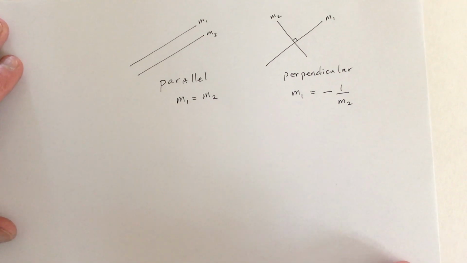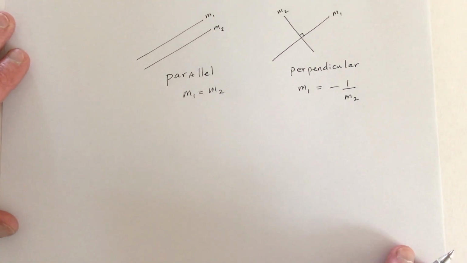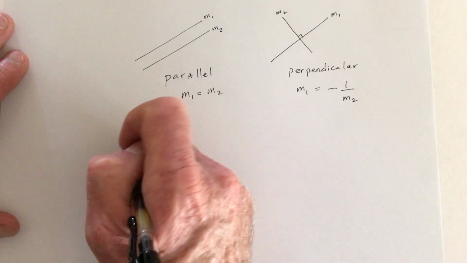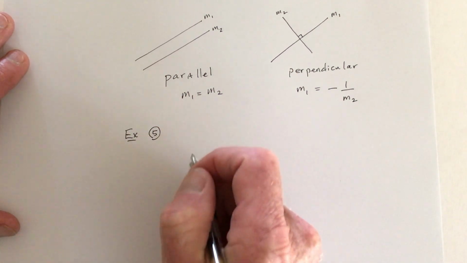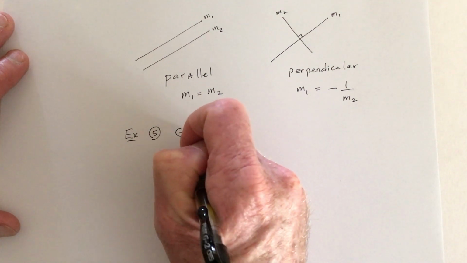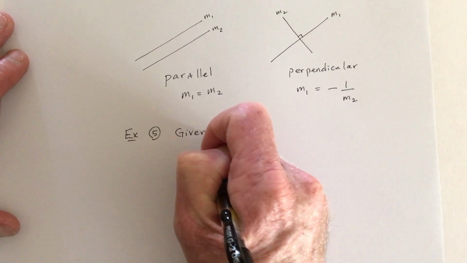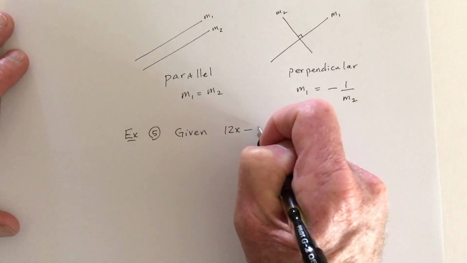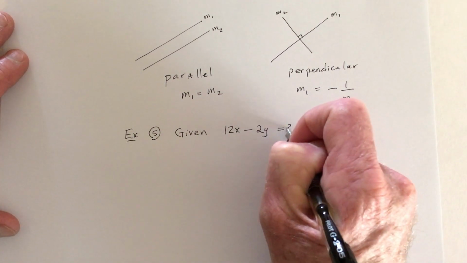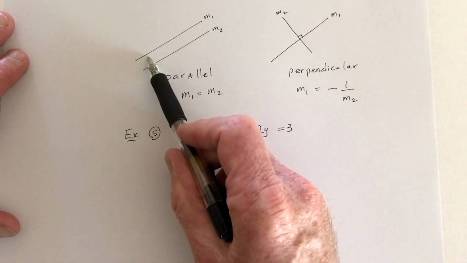And now we'll do an example. So this would be example number 5. And example number 5 is, suppose you're given a line already. So given 12x minus 2y equals 3. So maybe that's this line right here.